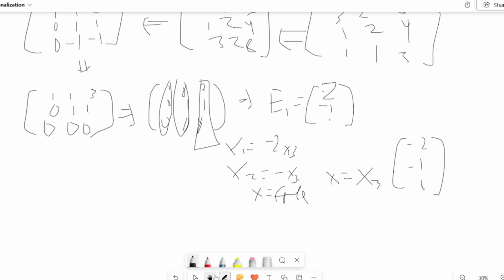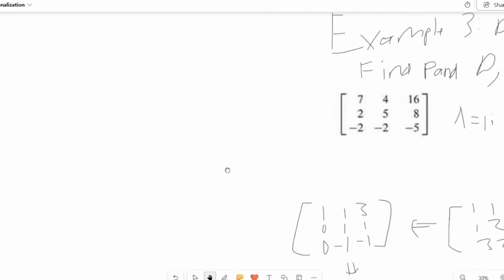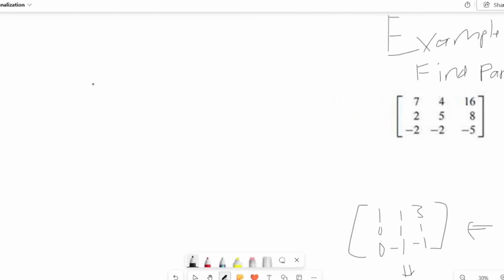And now let's do the same thing for the eigenspace of 3. So A minus 3I will be here. So we have 10 minus 3, 4, 4, 16, 5 minus 3, so 2, 8, negative 2, and then negative 5 minus 3, so negative 8.